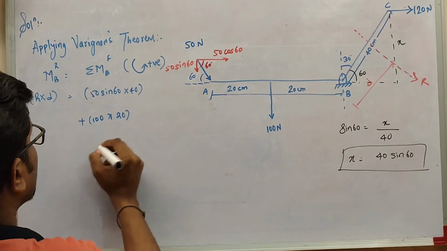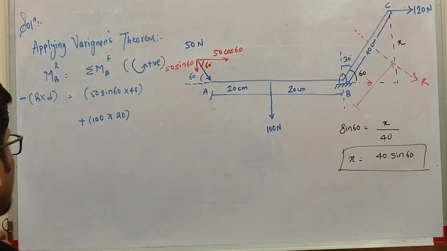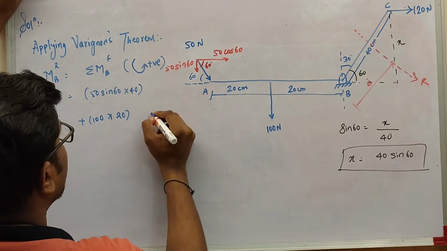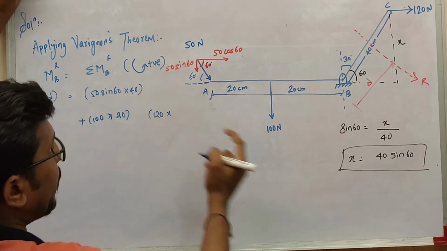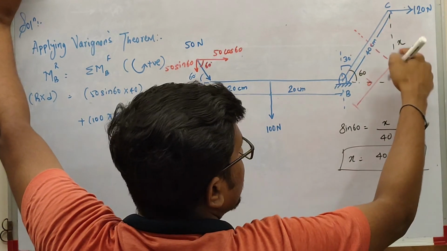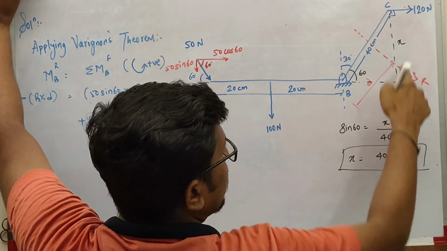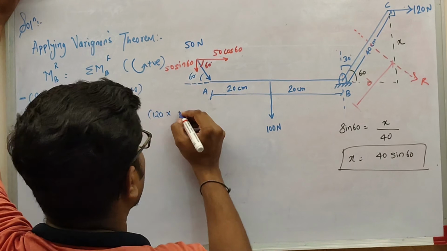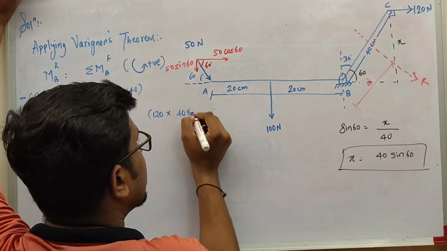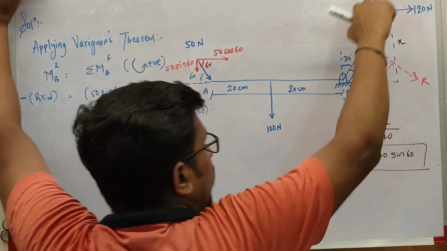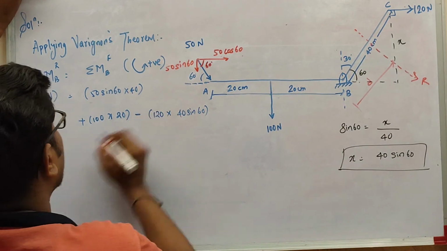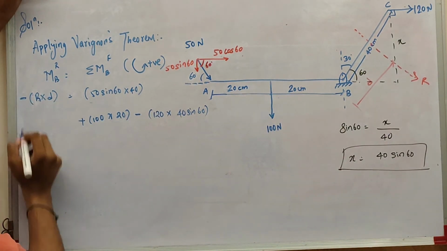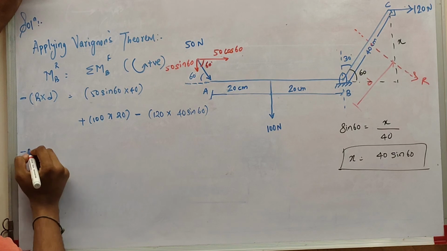So now the force is again 120 into the perpendicular distance, which is x. X is 40 sine 60, and that is again clockwise, so it is negative. Here the R value you have, so I'll write it as negative.